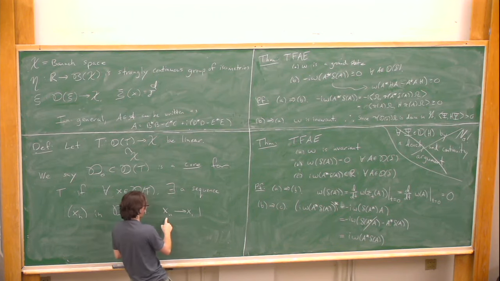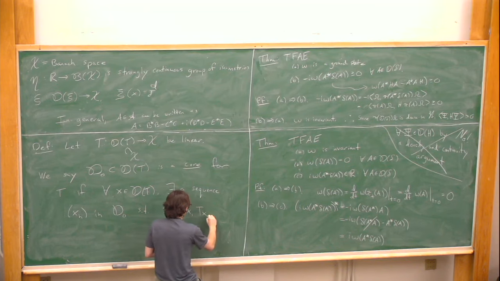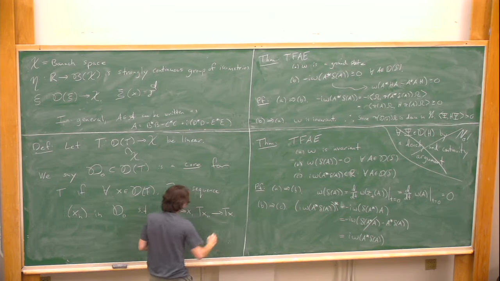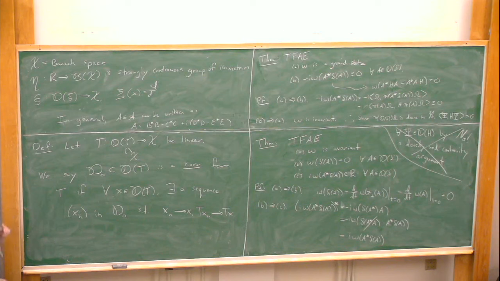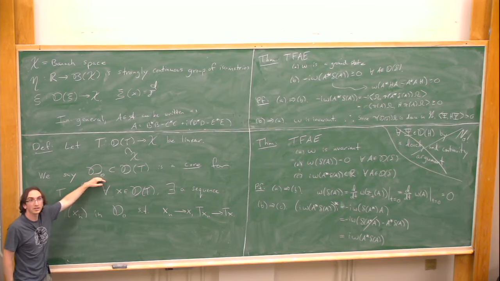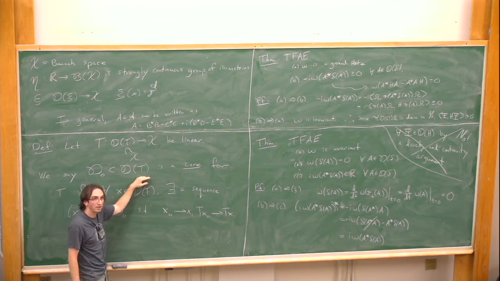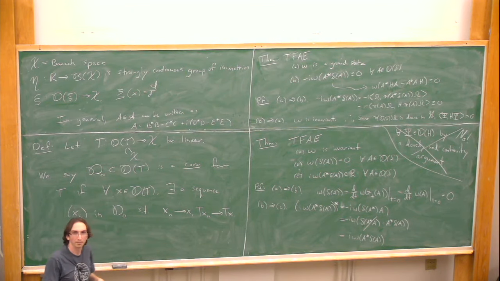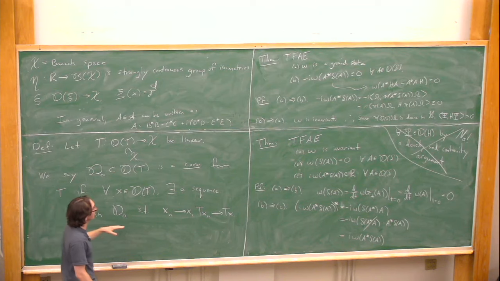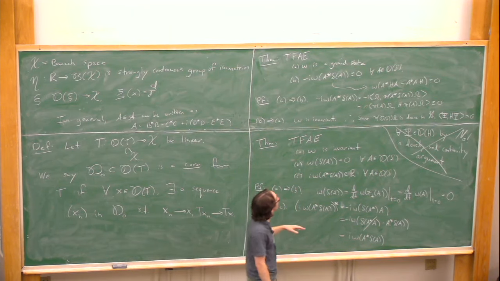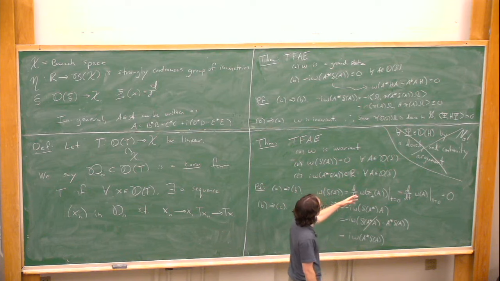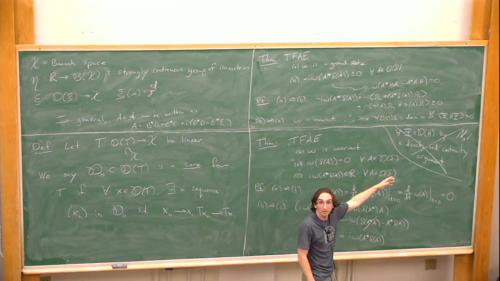So not only x_n goes to x, but T x_n goes to T x. OK, so another way of saying this is that the graph of T on D naught is dense in the graph of T. OK, so this is the kind of thing we need. We need to identify a core for this GNS Hamiltonian in order to complete this argument.